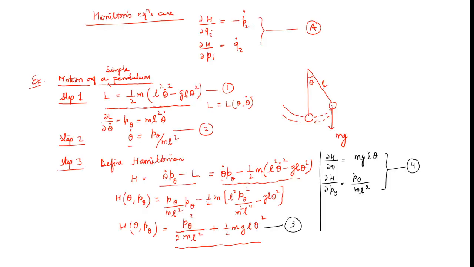What is delta H delta theta? So p theta dot is equal to minus mgl theta. You may write it as dp theta dt is minus mgl theta. Now it will be 5.